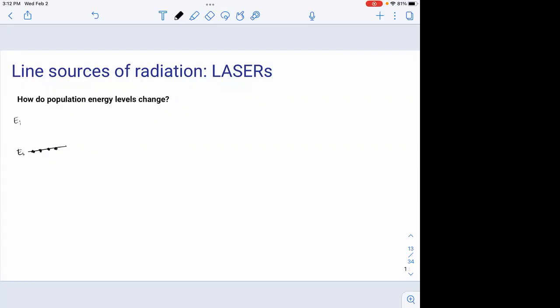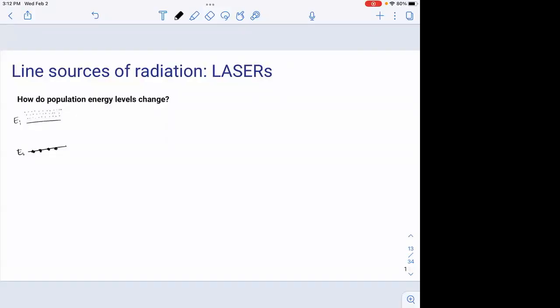Here's E1, E sub I, it doesn't matter, they're the same. And notice that if I'm talking about a molecular laser rather than an atomic laser, I might have additional vibrational or rotational energy levels above E1, but I'm talking about that electronic transition here.